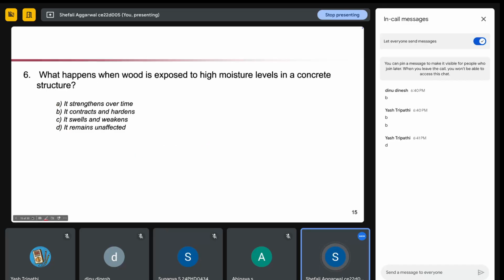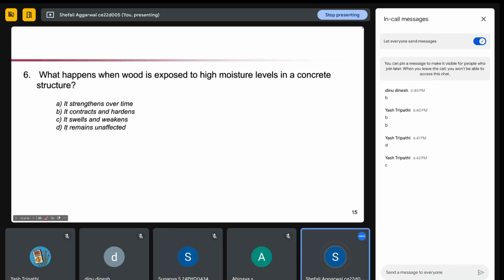Next question is, what happens when wood is exposed to high moisture levels in concrete structure? It strengthens over time, it contracts and hardens, it swells and weakens, or it remains unaffected. It's a very simple answer. What will happen when there is too much moisture content in wood?